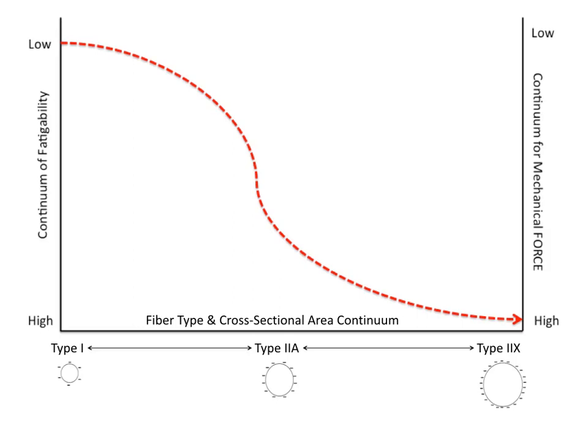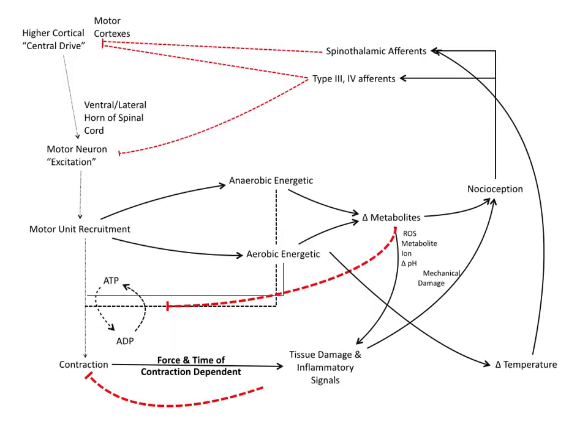Initial fatigue development occurs as we lose the larger motor units. Fatigue becomes an extremely complex thing.